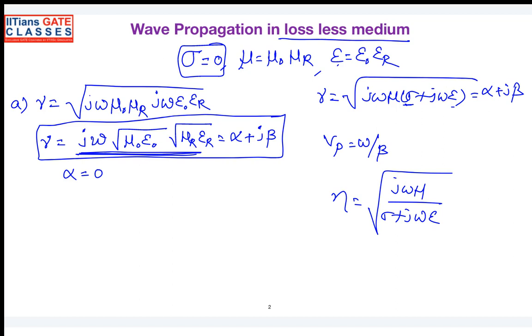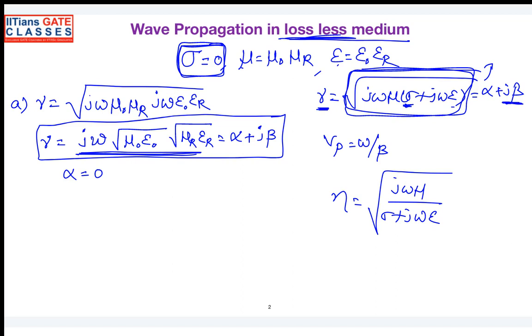Now do you get the reason why I have characterized the lossless medium by sigma equal to 0? Suppose you have a finite value of sigma, what will happen here? If you have a finite value of sigma, this term is going to be a complex number. So when you have a complex number, you will definitely have a value of alpha. So when I say a lossless medium, the propagation constant has to be purely imaginary.